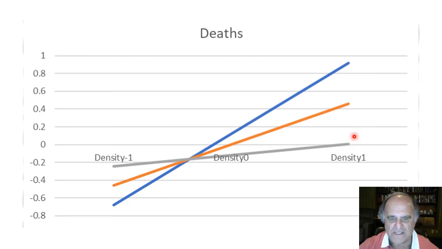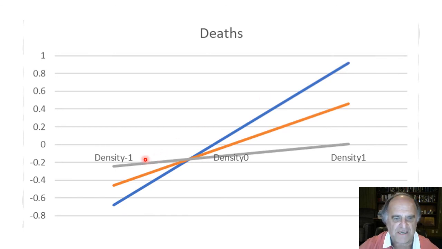And what we can see when we look at this chart is that when density is high, then temperature makes a big difference. This blue line is low temperature.